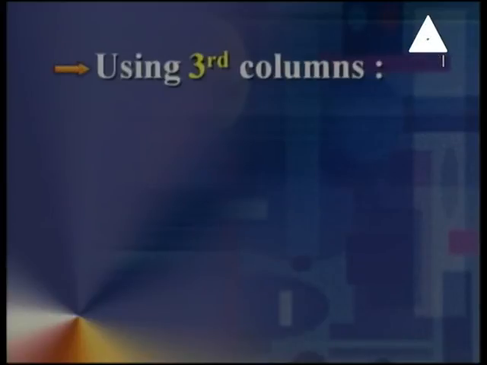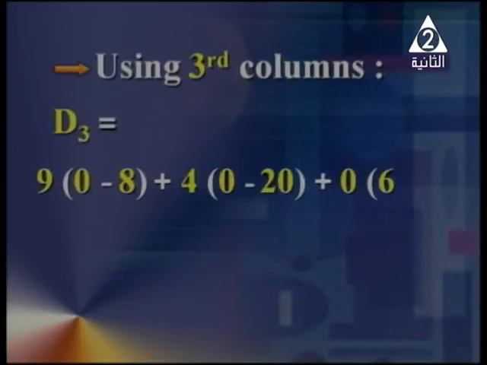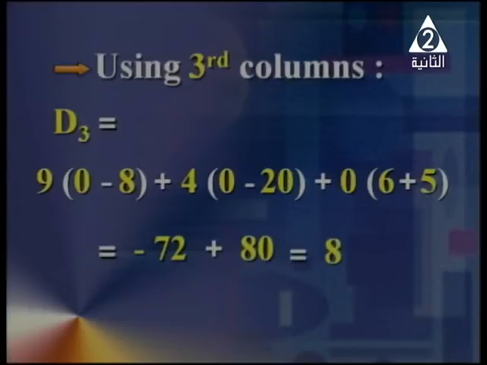But using the third column, look at 9 times bracket contains 0 minus 8, plus 4 multiply bracket 0 minus 20, plus 0 multiply 6 plus 5. Also the answer is negative 72 plus 80 equals 8.